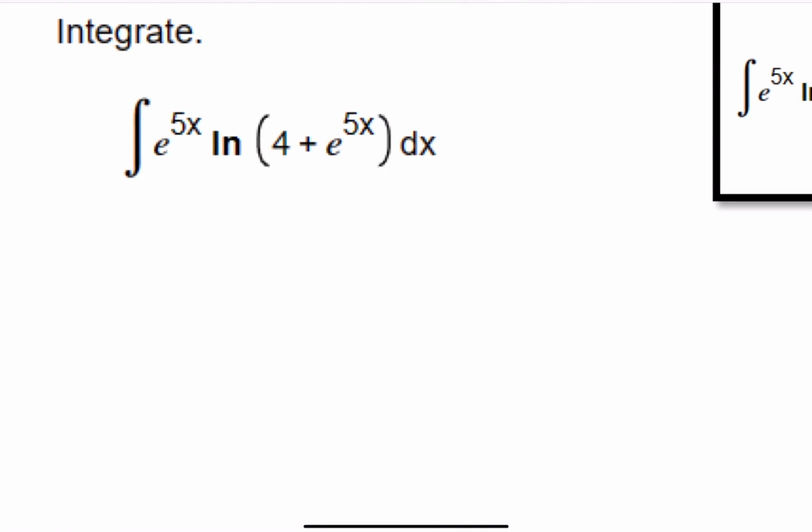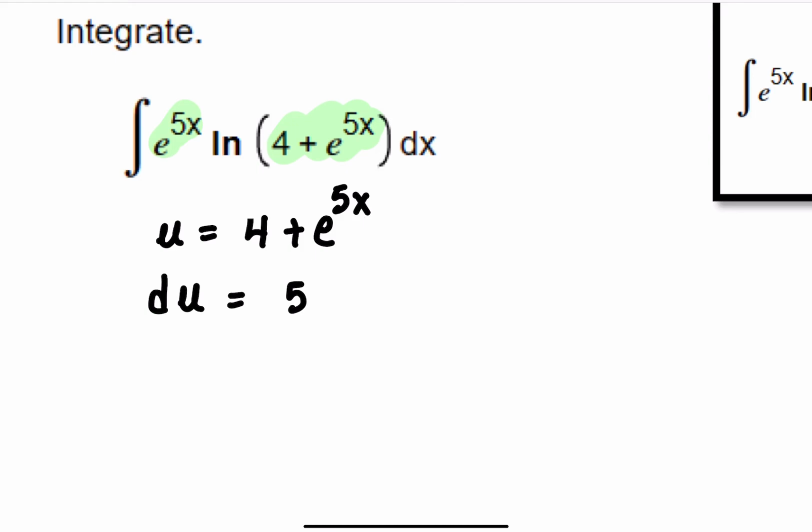Here it says integrate. Again, I have to use integration by parts. Actually, no, I don't have to use integration by parts. Look what I'm going to do. u is equal to 4 plus e to the power 5x. My du is 5 e to the power 5x dx.